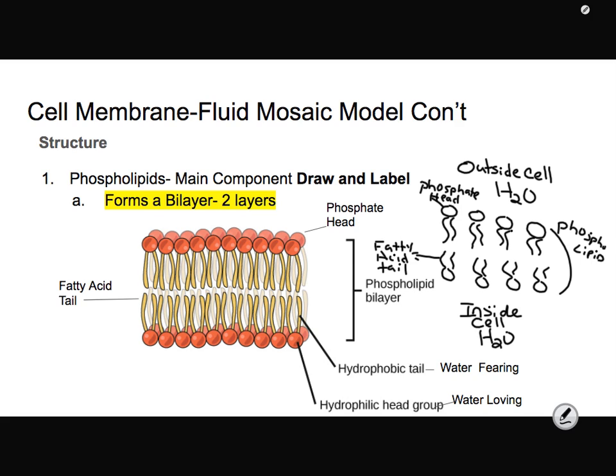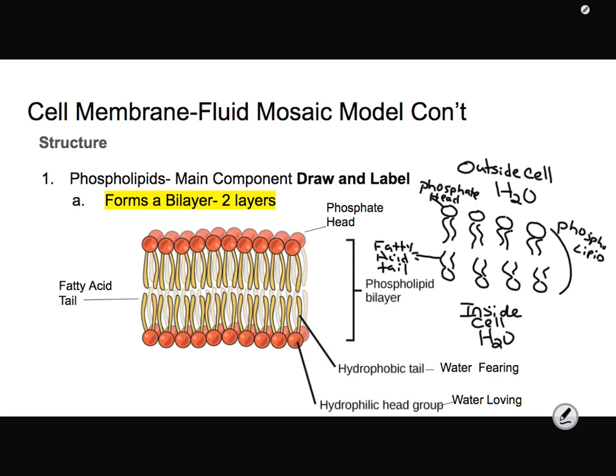Which ones are hydrophobic? The tails. Which ones are hydrophilic? The heads. Heads are always facing towards the water.